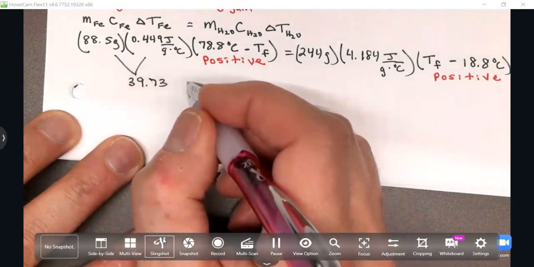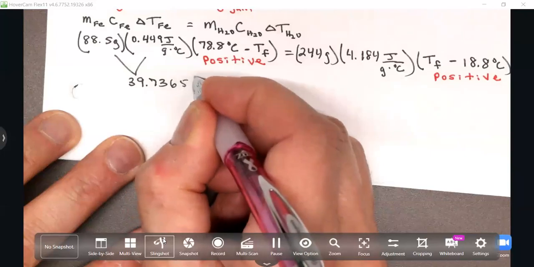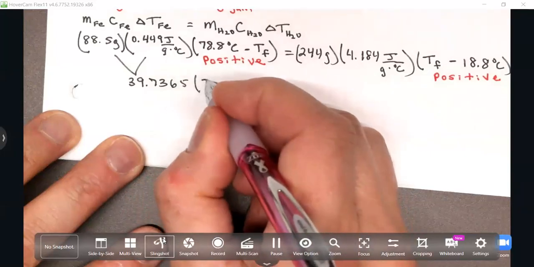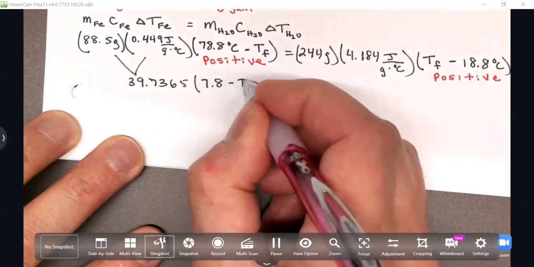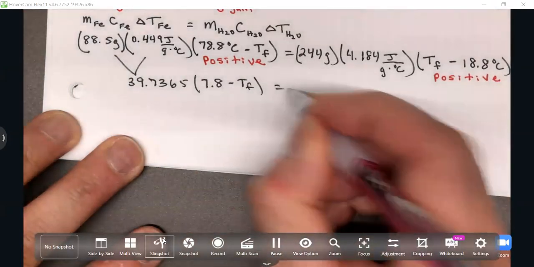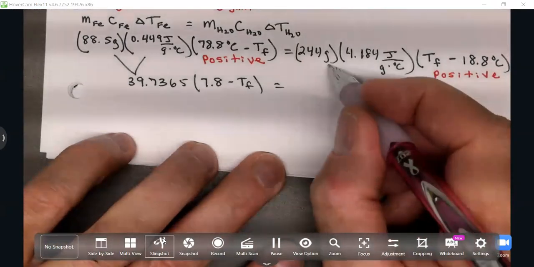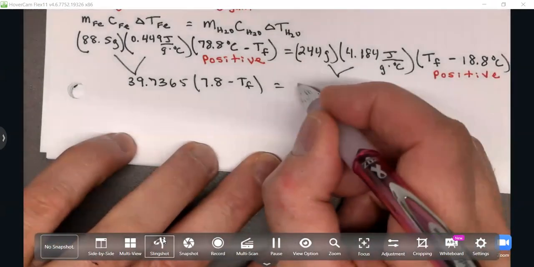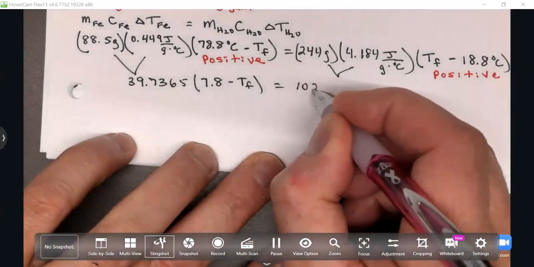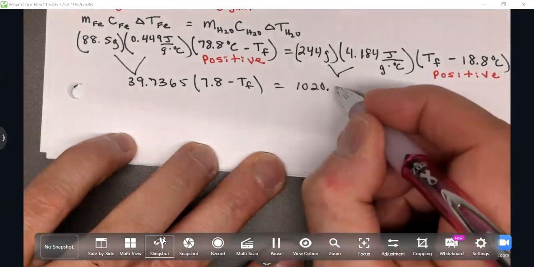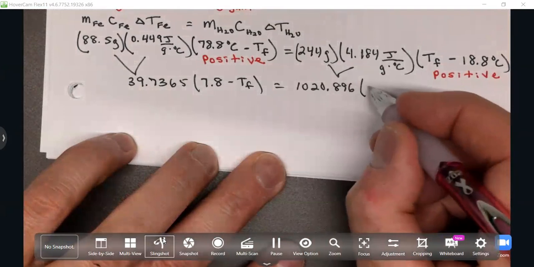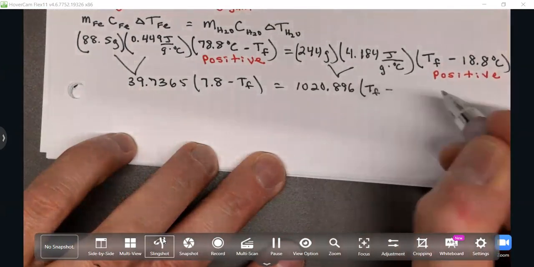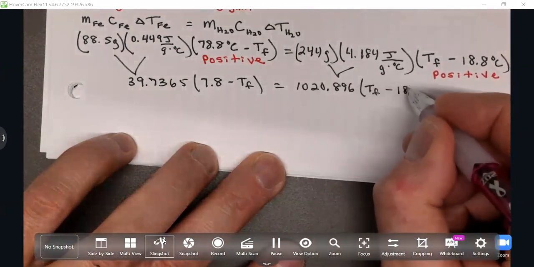I'm going to keep this in my calculator anyway, 65, times 78.8. I know I've got my units right, minus T final. And these two here are going to be 1020 point, I've got way extra sig figs, times T final minus 18.8.